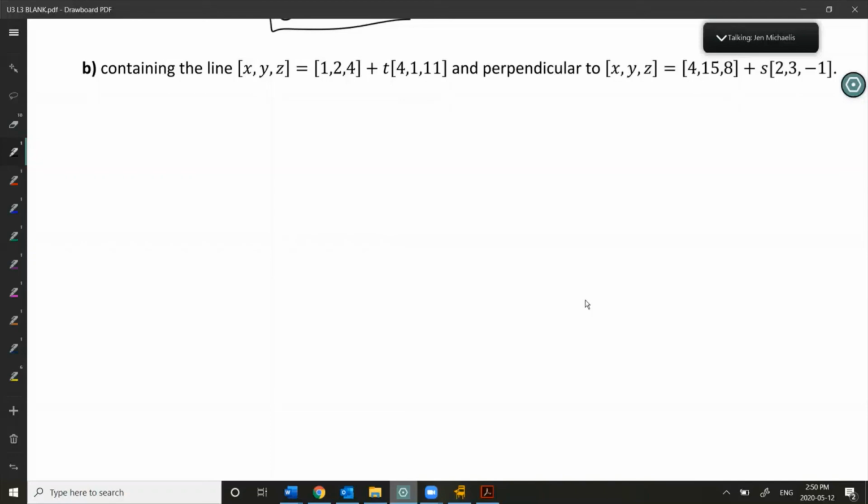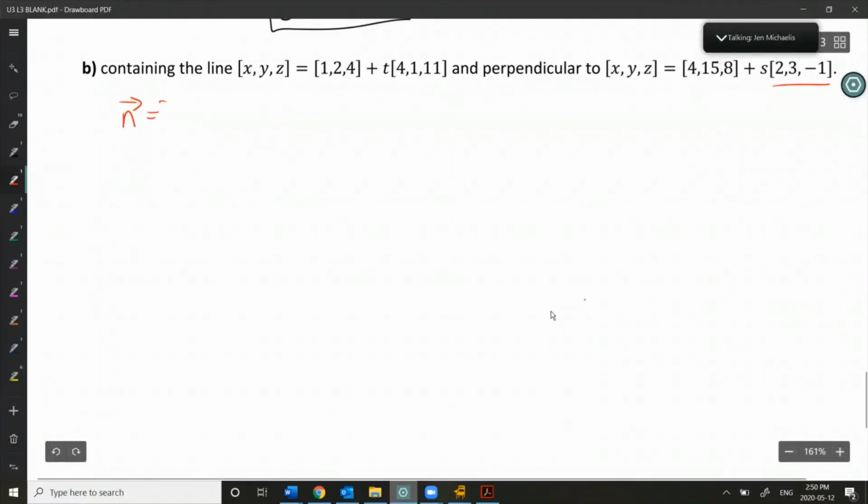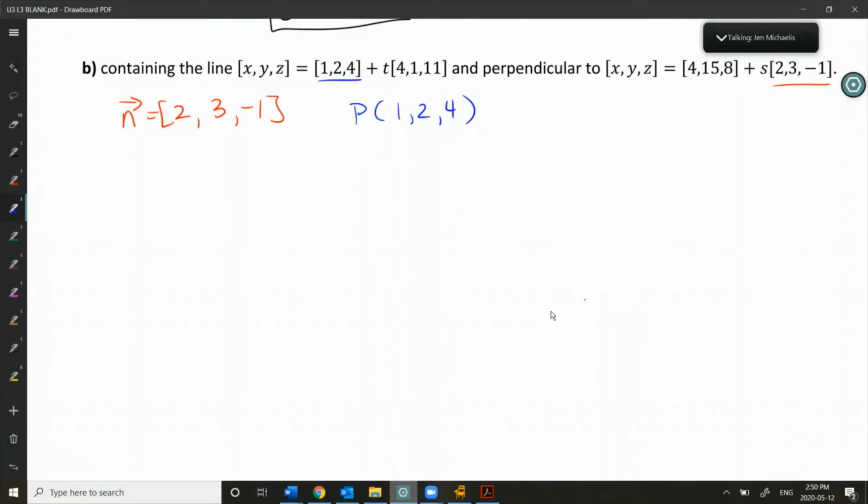And if it's perpendicular to this other line, we should be able to use the direction vector of this other line as the normal to our plane. So I have a normal now, it's 2, 3, -1. And I can use the point on my first line as a point on my new plane, because I know that line lies inside of the plane that I'm looking for.